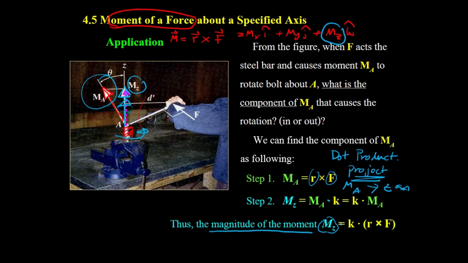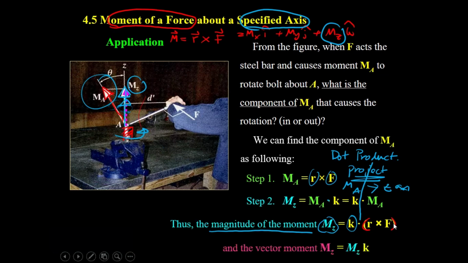It can be computed by taking the specific axis and dot product with the moment vector. In conclusion, we have to do the calculation.